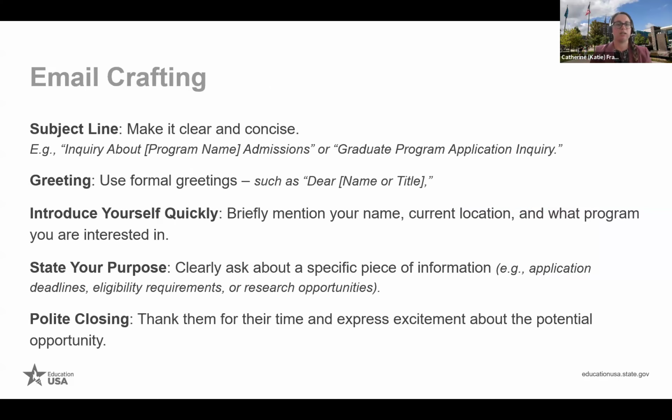So you could say dear, and then if you know the name, you can put the name, or you can say dear admissions staff or admissions professional. And then you could introduce yourself, briefly say your name, your location, what program you're interested in, and then you would clearly ask your specific information. So maybe you're asking about deadlines or requirements or opportunities for research, and then your polite closing. So that's kind of the crafting of the email.